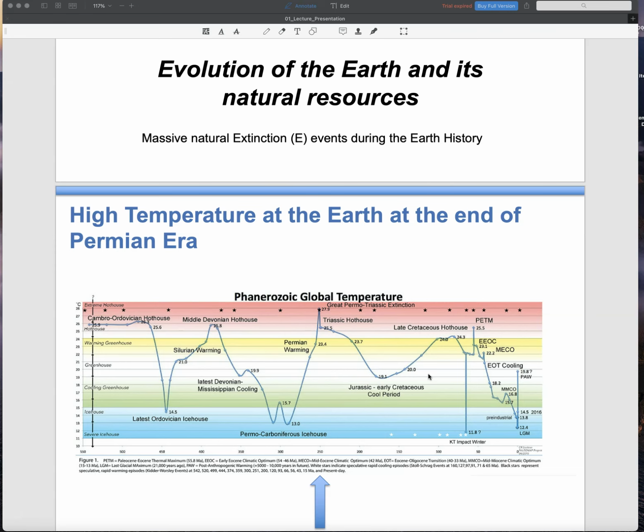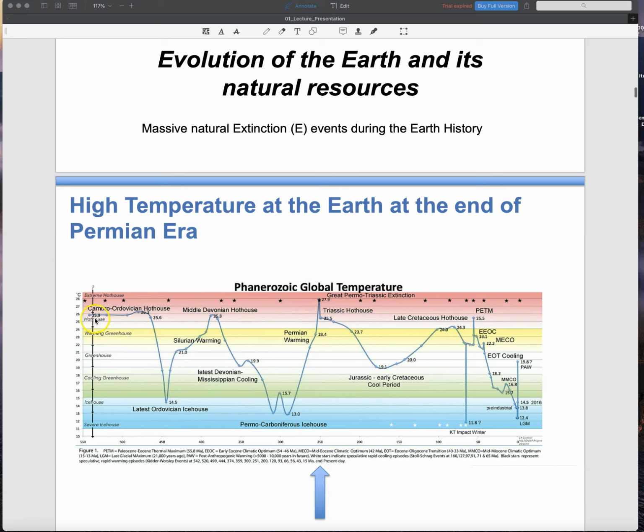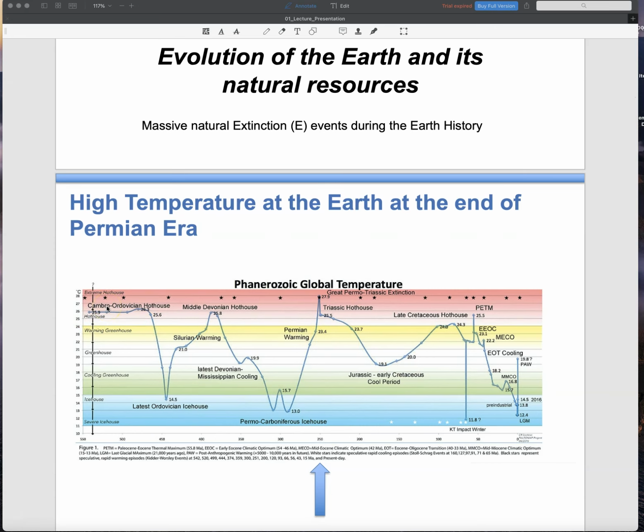And most of the concern has to do with when we have an extreme greenhouse effect in the atmosphere. In other words, a very high temperature because of the high concentration of greenhouse gases within the troposphere, which is the lower layer of the atmosphere.